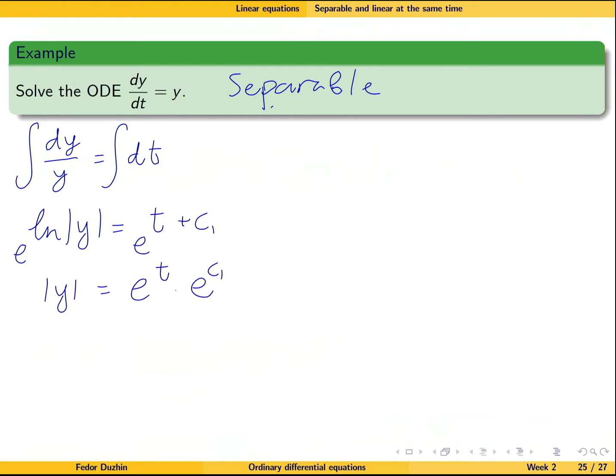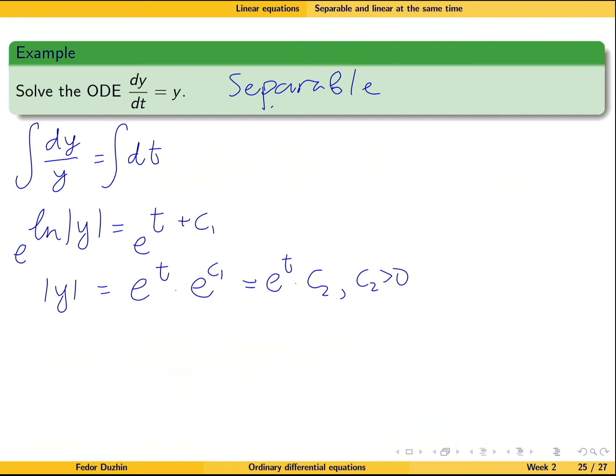Okay, but then notice that if c1 is any constant, then e to the power c1 is any positive constant, right? So if you take the exponential function of any number, then you get a positive number. So this is really e to the power t times c2, where c2 is a positive constant. But this is absolute value of y.